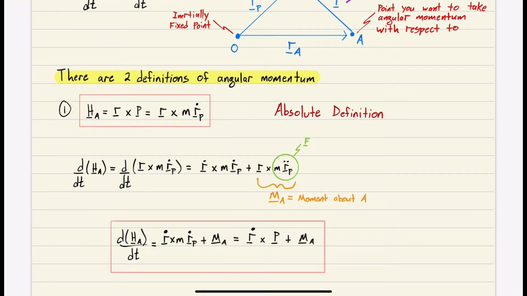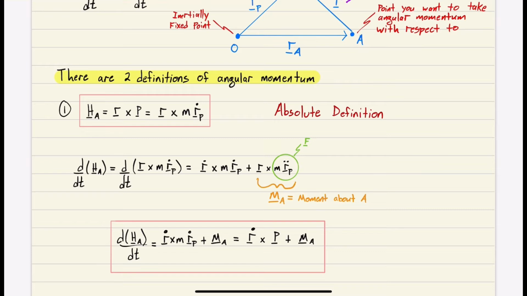So all we're going to do is take this, plug it in right here to our derivative, and then do the product rule. So derivative of the first times the second plus the first times the derivative of the second.